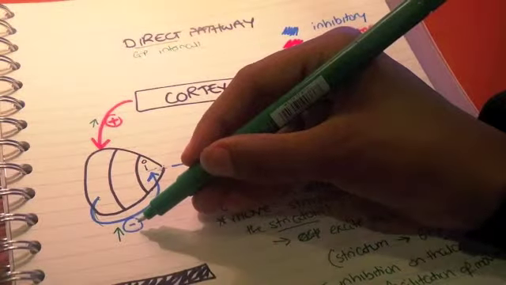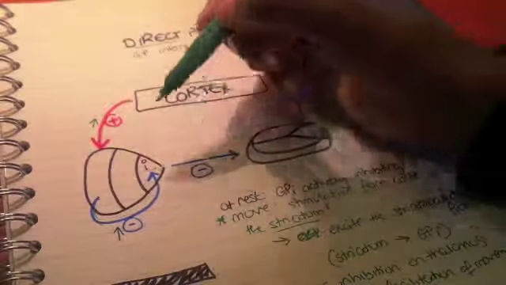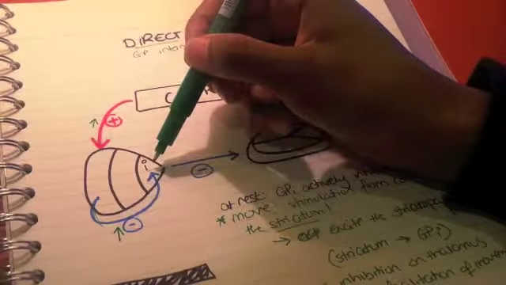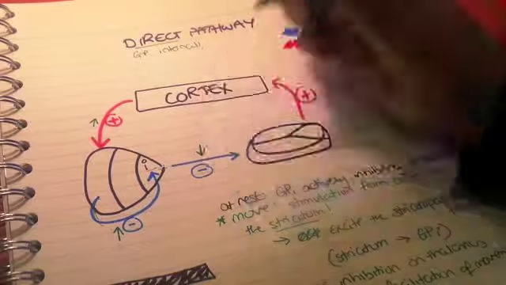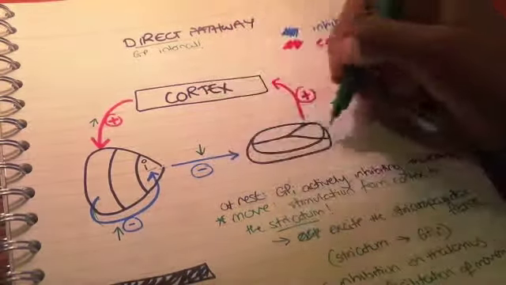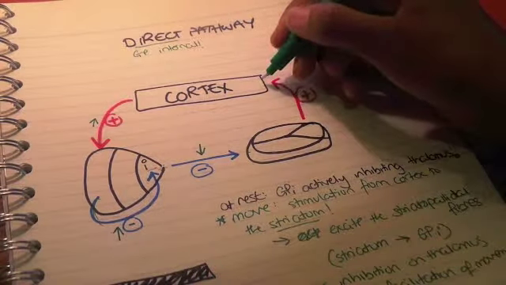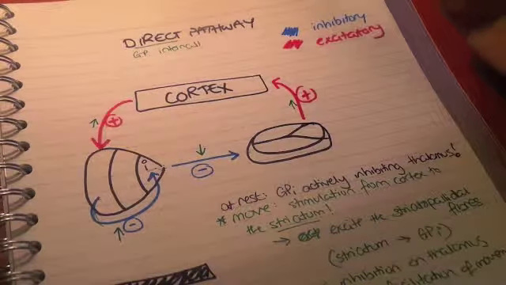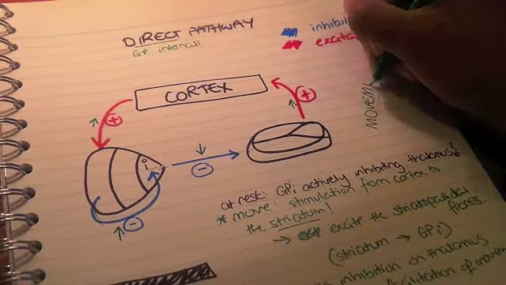But because these are inhibitory, when their activity increases, they're exerting more of an inhibitory effect, more inhibition on GPI. So the output from GPI is going to decrease. And once the output of GPI is decreased, it means that the activity of the thalamocortical fibers is going to increase because there's less inhibition coming to it. And then all this happens and you get movement.